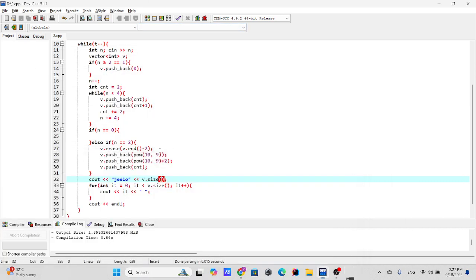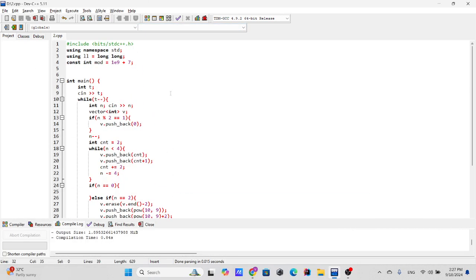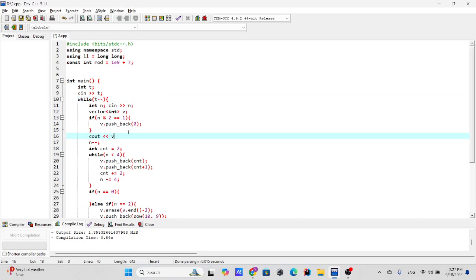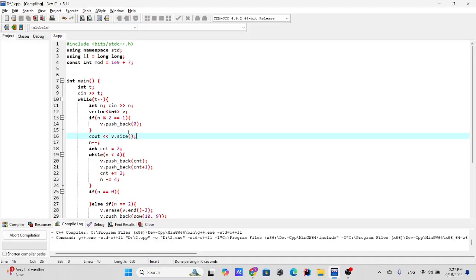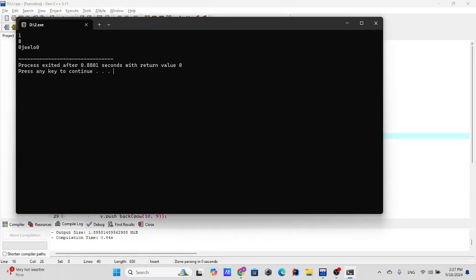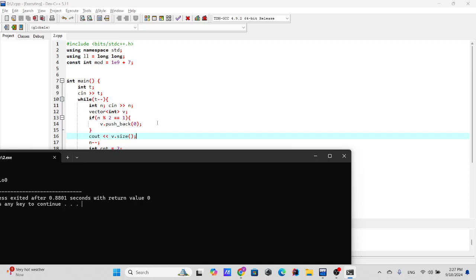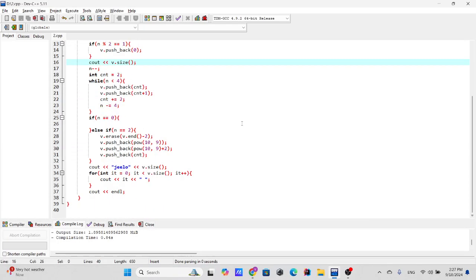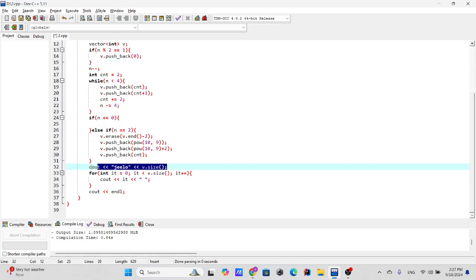Why is the vector empty? Why is there nothing in this vector? 0, right? I've pushed it back. So what's the problem here? No idea.